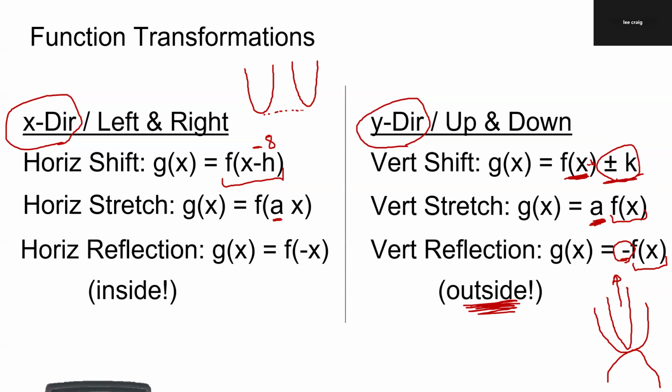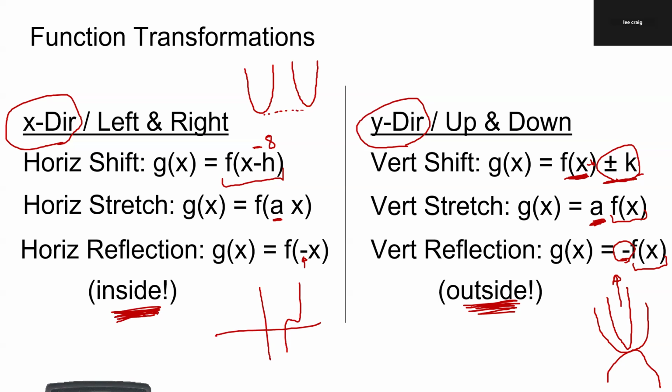So if I had a function that was doing, maybe this, and I put the negative x in, then it's going to reflect it. But notice again, that is inside, before I evaluate the function. So that's kind of the trick on those.